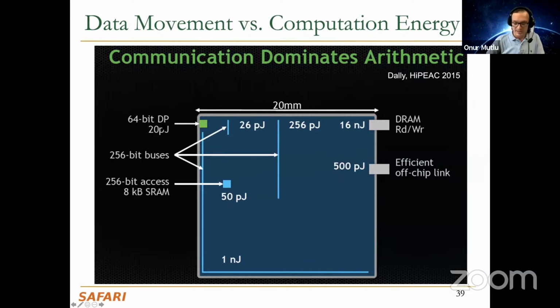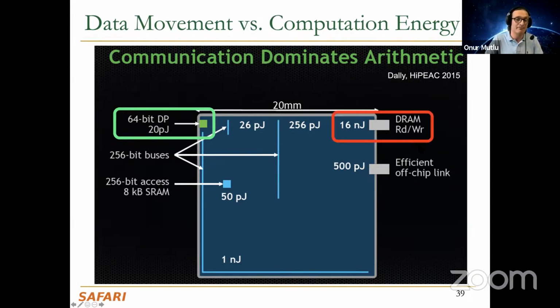A 64-bit double-precision floating point arithmetic operation is a heavy arithmetic operation, 20 picojoules based on some technology numbers. Bill Dally is the chief scientist of NVIDIA, so he has these numbers from real processors. And this is the DRAM read or write at the time, 16 nanojoules. That's an 800x difference.